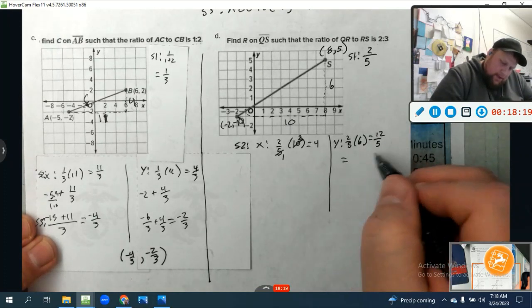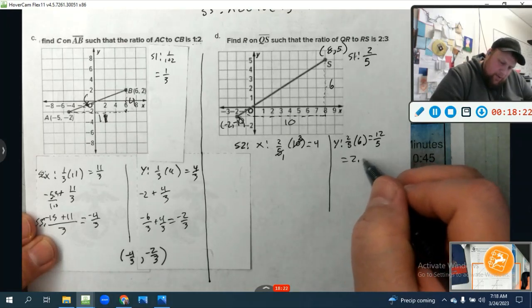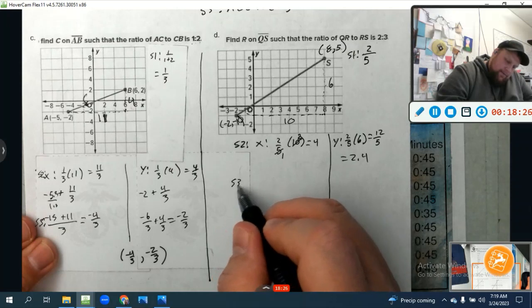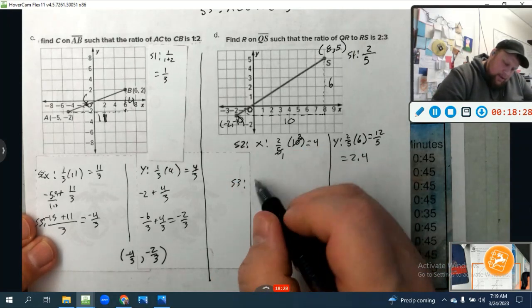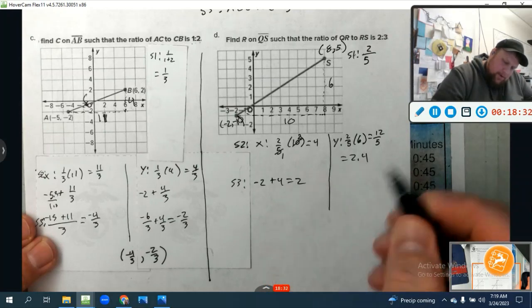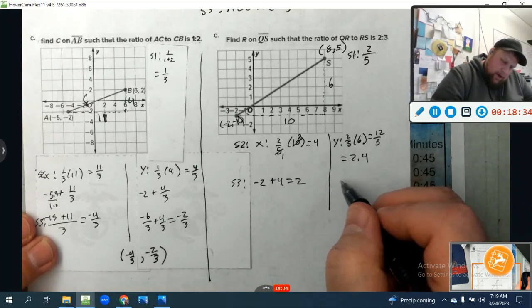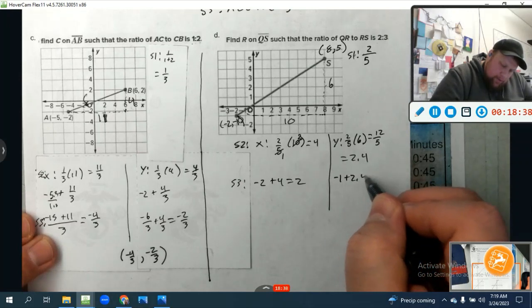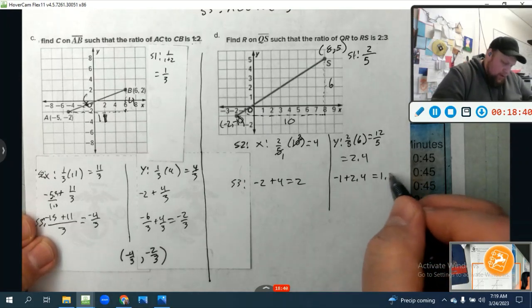Or, as I like to say, if we're dealing with fifths, it's just 2.4. That's not too bad. Okay? Now let's go into step 3. Step 3 says, all right, let's add. So I'm going to have -2 for the x plus 4 equals 2. Step 3 for the y is going to be my -1 plus 2.4, which equals 1.4.